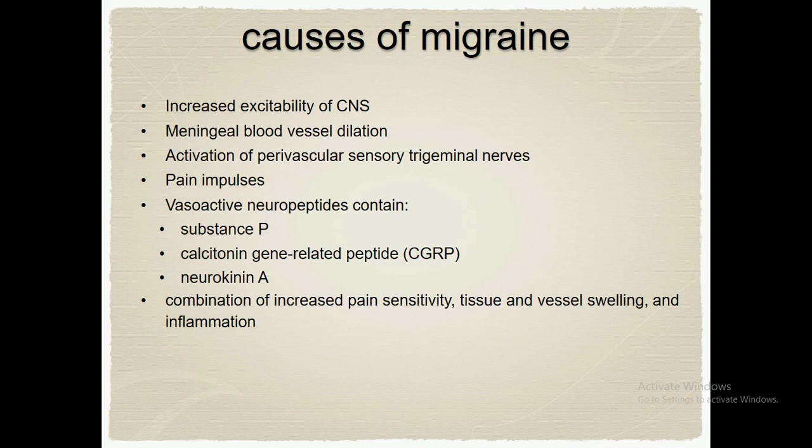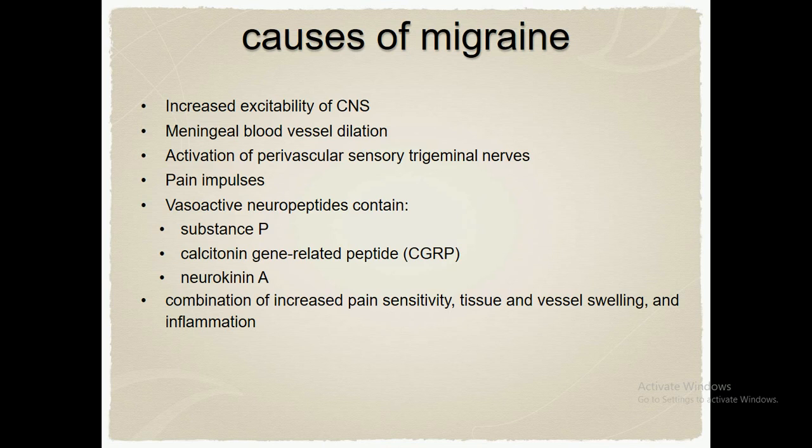So this is directly related with your cranial nerve, and the most important cranial nerve is the trigeminal nerve. After the activation of the perivascular sensory trigeminal nerve, pain impulses may occur. This is another cause.